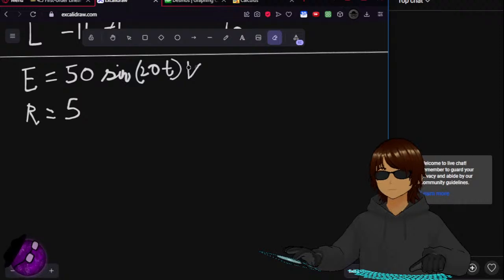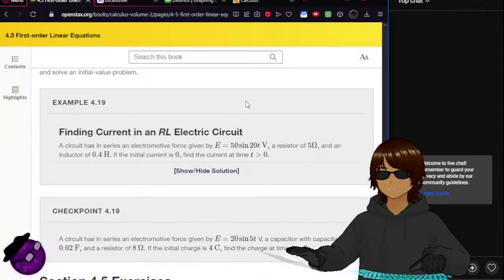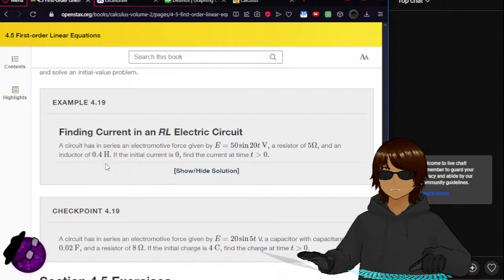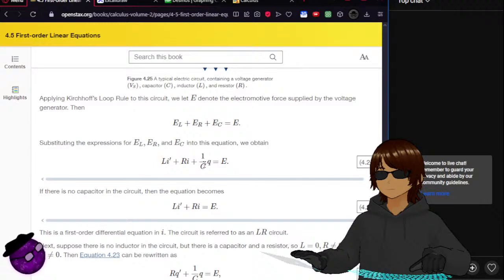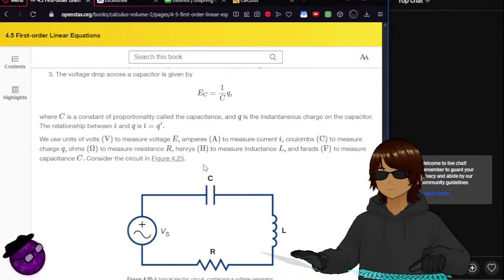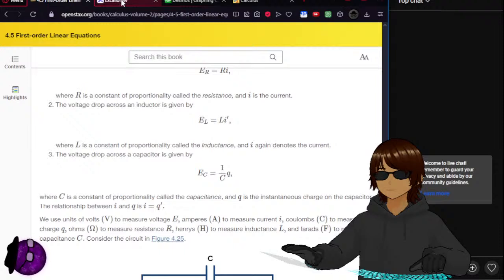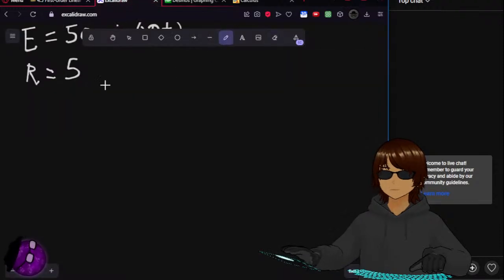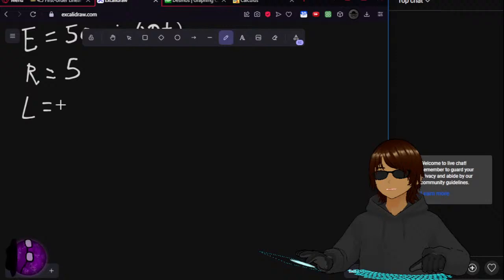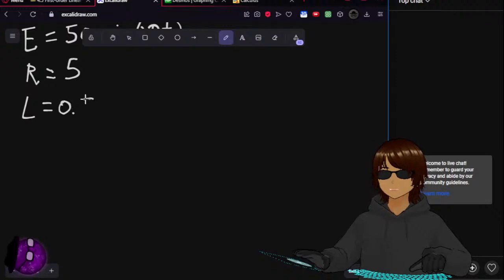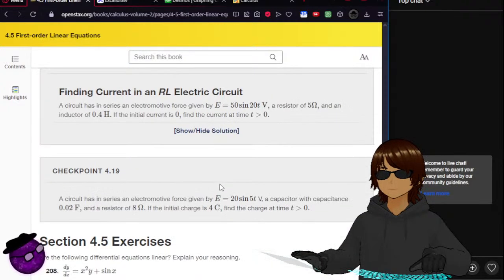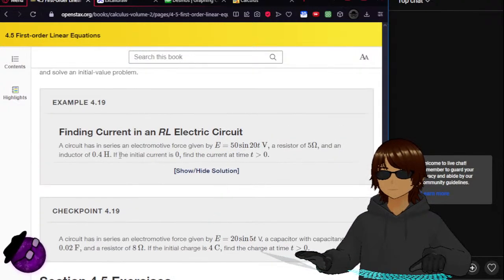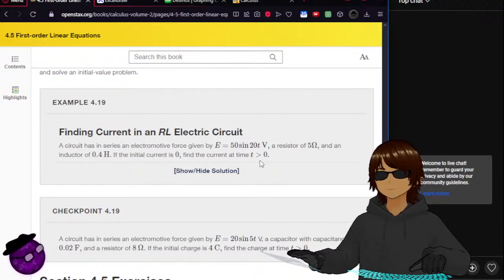I thought that V was a variable. An inductor of 0.5 henry. If the initial current is 0, find the current at time t, which is more than 0.